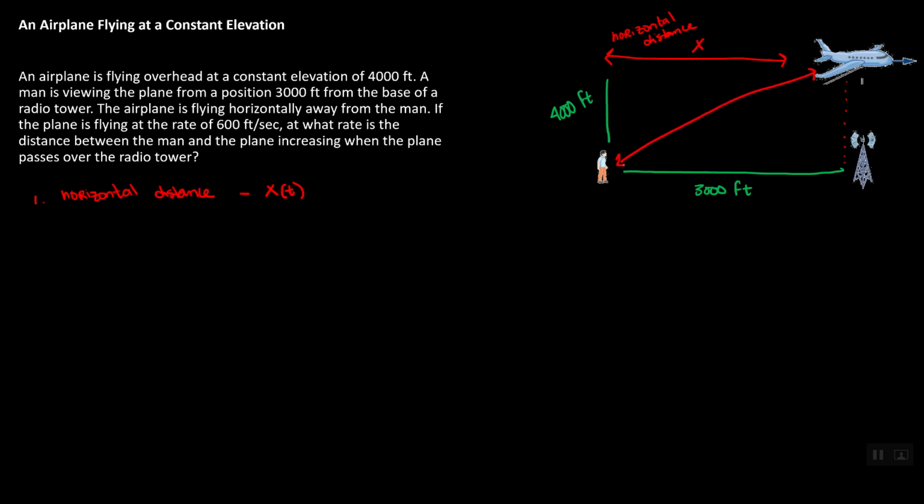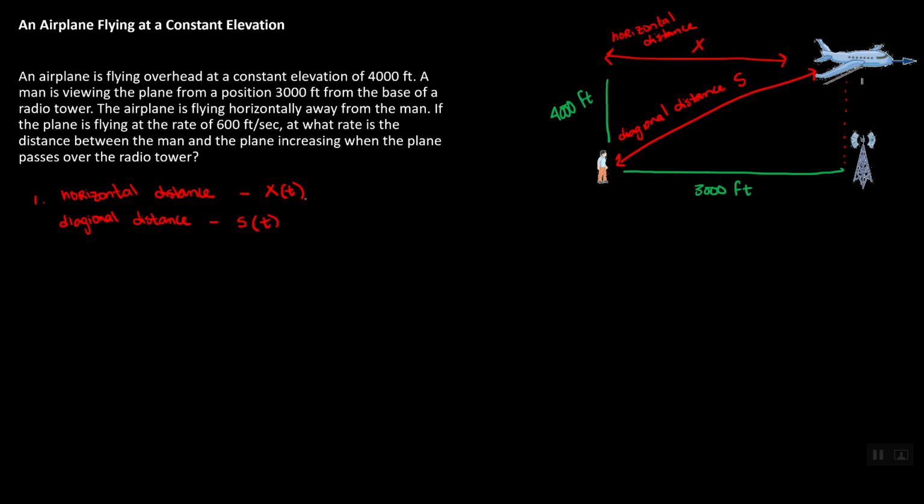The book is using s to represent that. So we're going to keep that as s. Write that down, diagonal distance. Also changing with respect to time, so I'm going to write that as s of t.